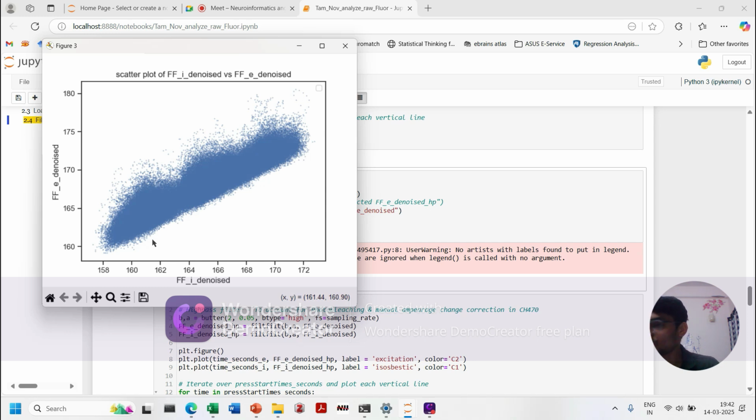That is not a problem, but it is a thing that we need to take care of in our analysis. So what we want to do next is find that line or relation: what part of the excitation signal can be explained by the isosbestic signal. That is something which we get from linear regression.